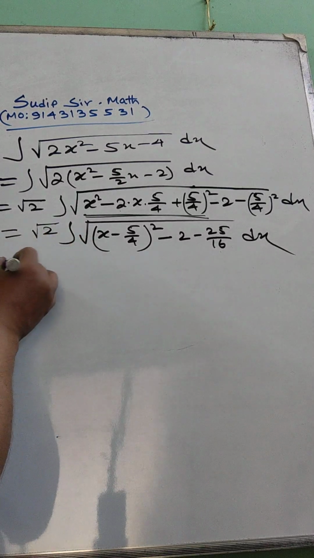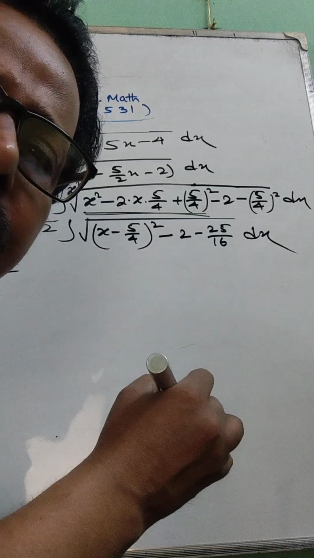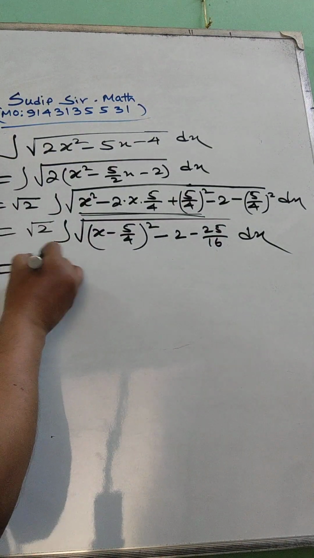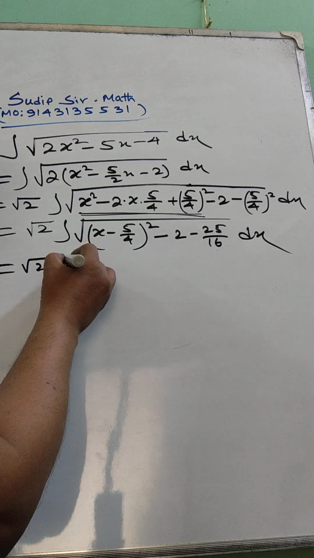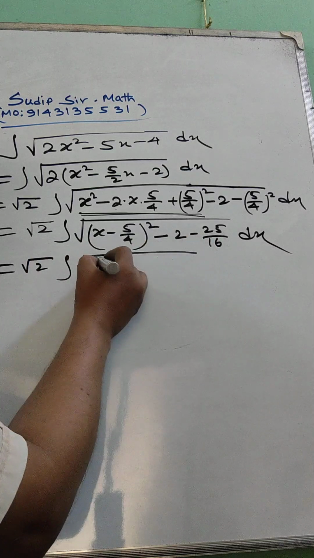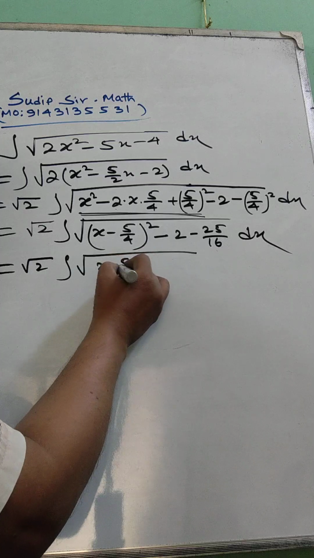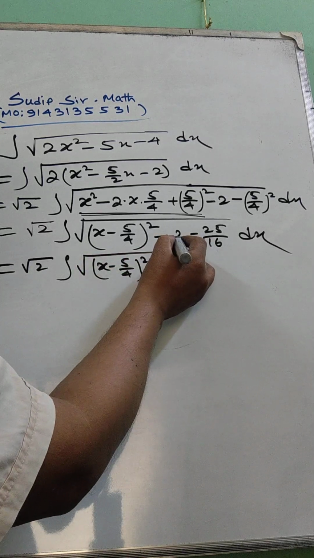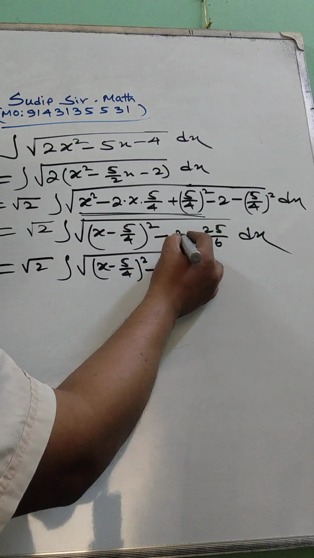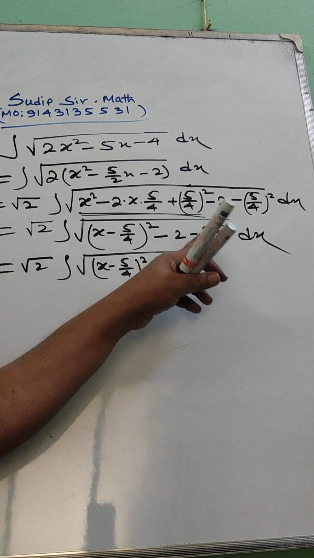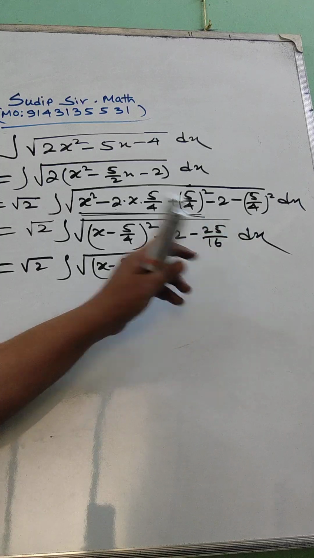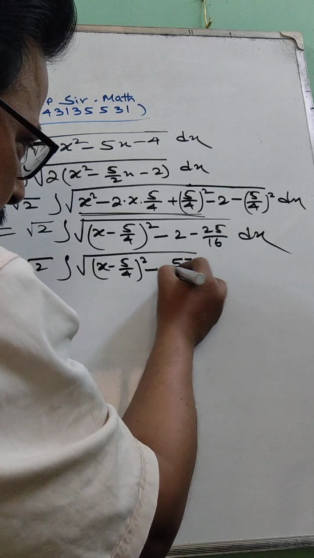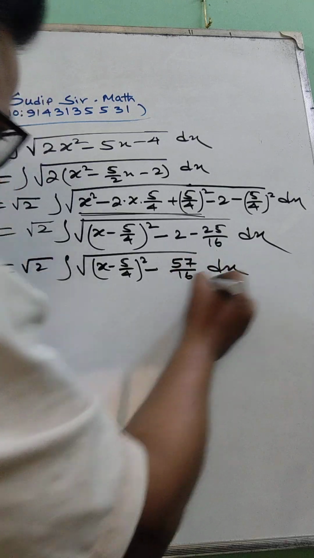So it will be root 2 integration (5/4) whole square, and that will be 32. After LCM it will be 32 plus 25, that will be 57 by 16 dx.